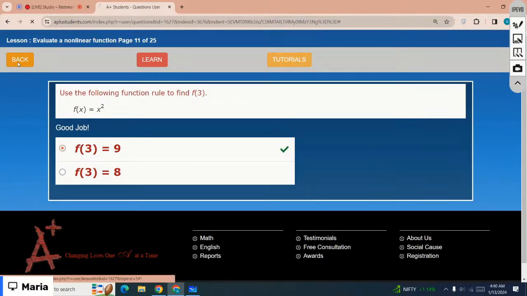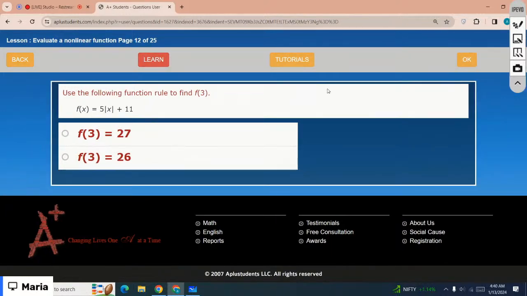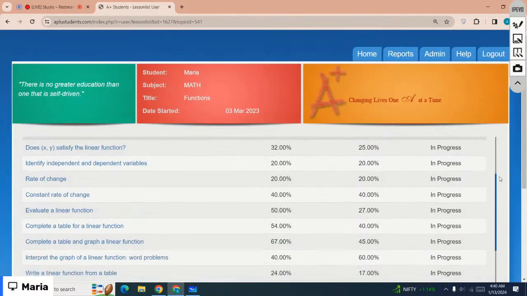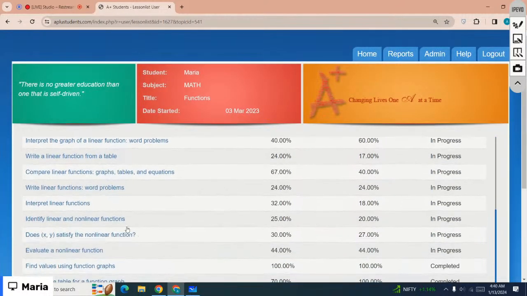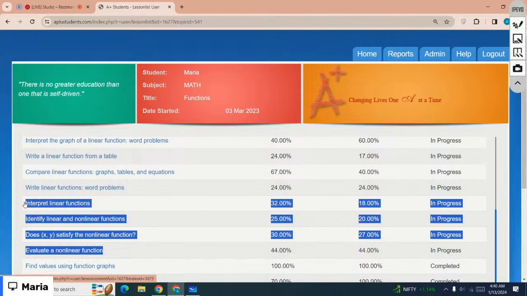So, we were working on grade 8 math. The chapter we're working on is functions, and the lessons we have covered today are interpret linear functions, identify linear and nonlinear functions, does x y satisfy the nonlinear functions, and evaluate a nonlinear function, right?